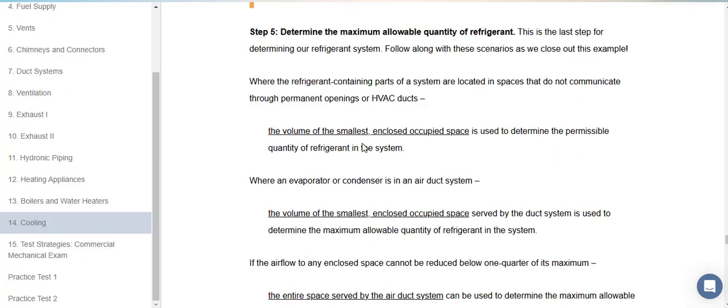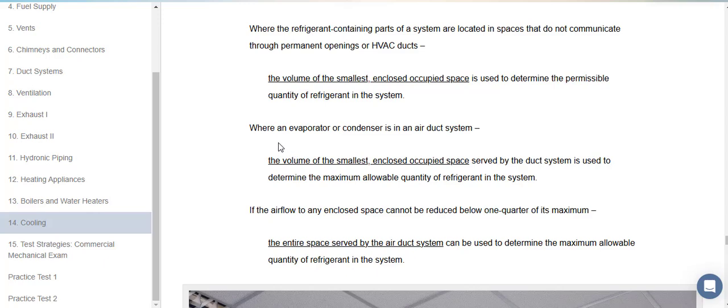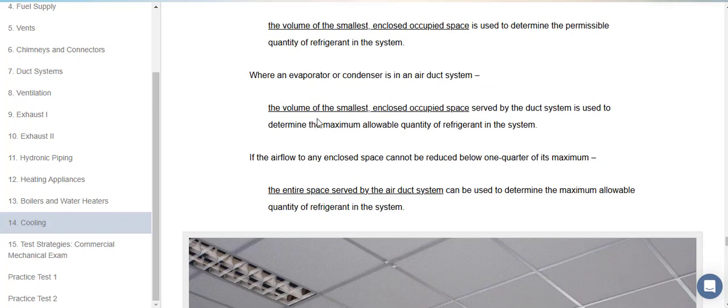The volume of the smallest enclosed occupied space is used to determine the permissible quantity of refrigerant in the system. Where an evaporator or condenser is in an air system, the volume of the smallest enclosed occupied space served by the duct system is used to determine the maximum allowable quantity of refrigerant in the system.